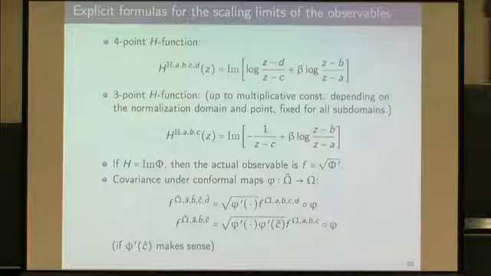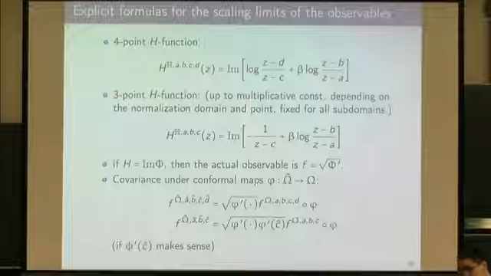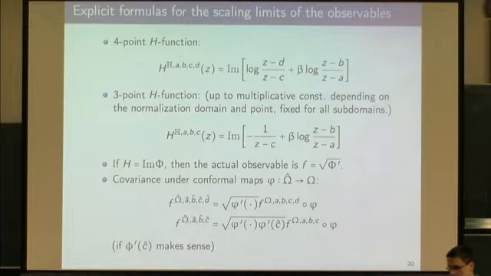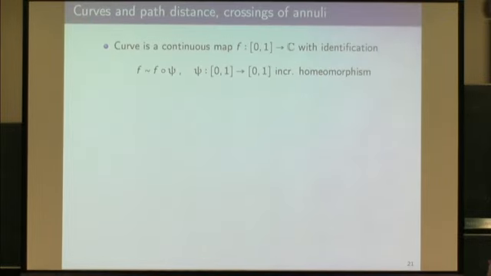If h is the imaginary part of some phi, then f is phi prime, and from this formula you get some kind of conformal covariance for these f's. So you get these conformal factors, and from this renormalization at C you also get some conformal factor at C whenever it makes sense. So maybe I don't want to enter the discussion here.